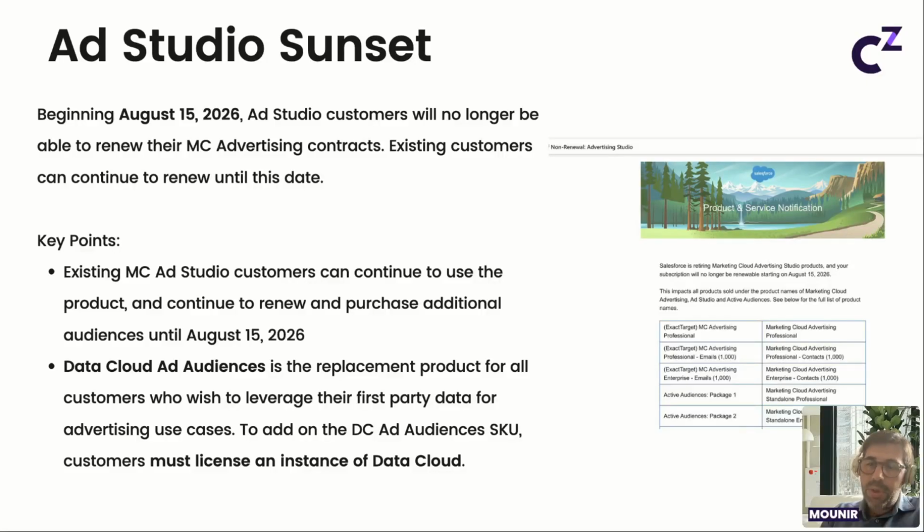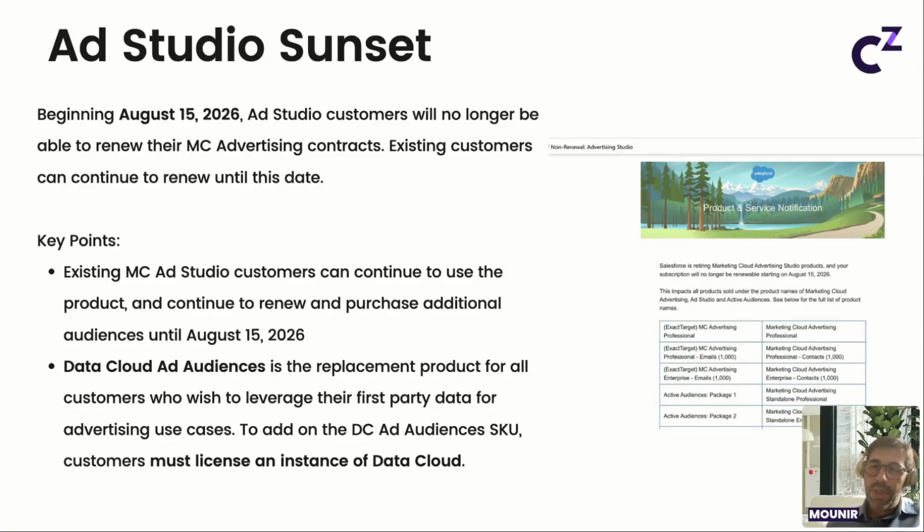If you renew before, you'll be able to continue to use the tool. But if you don't do it before, then you'll have somehow to migrate it or move to something else or just stop using this feature.